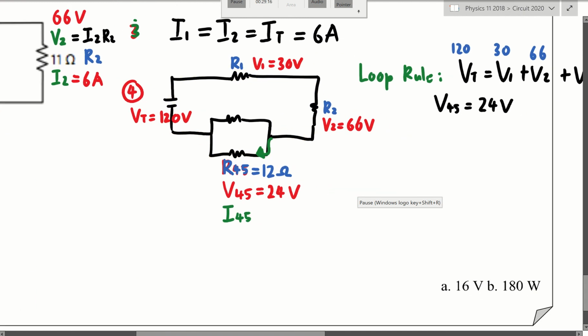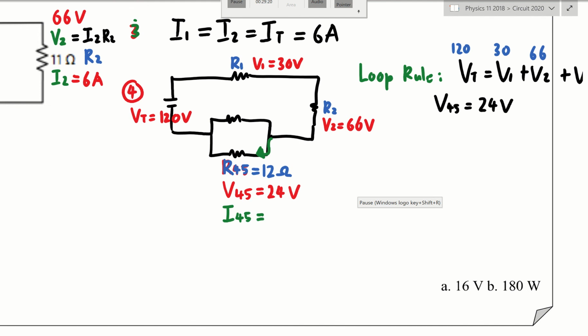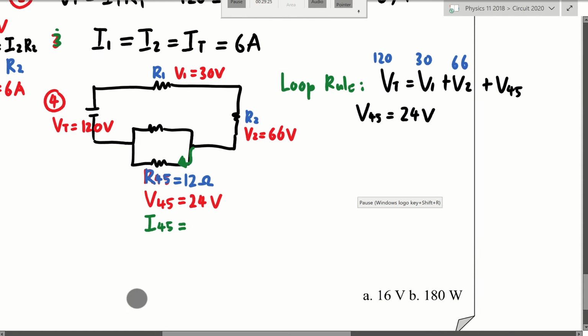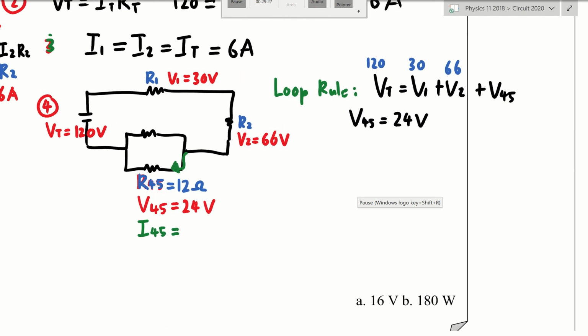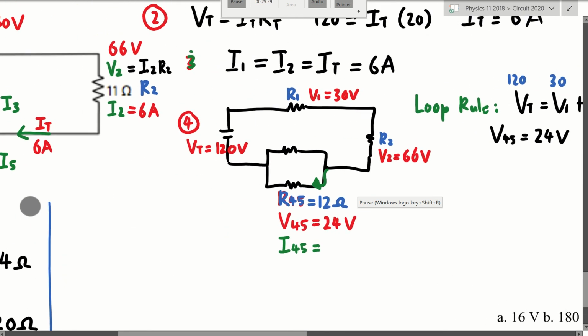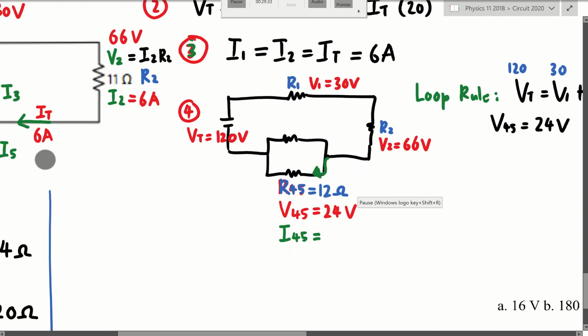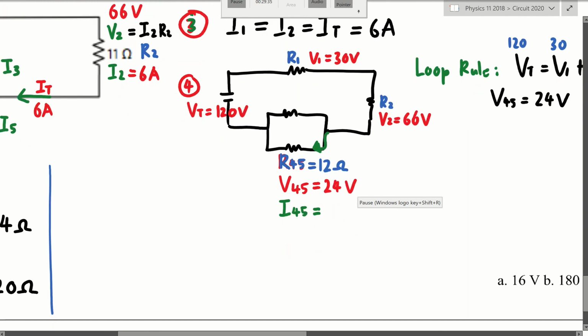So I will use Ohm's law again. Now we are dealing with the resistor 4, 5. So 1, 2, 3, 4. So 3 is this step. So let's do step 5, which is going to be involving the I45.